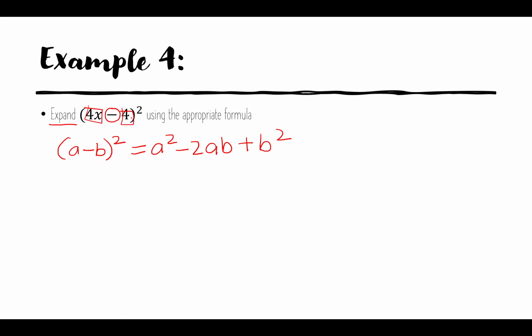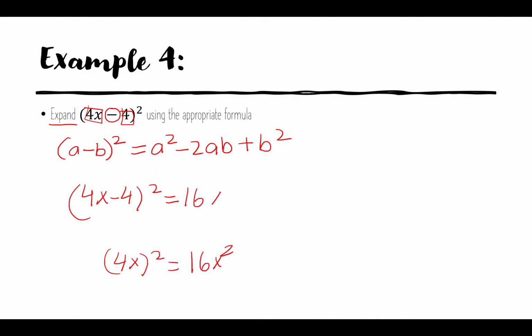So, from here we will get 4x minus 4 squared. The square of our a value, or the square of 4x squared, is equal to 16x squared. Minus 2 times our a value times our b value.